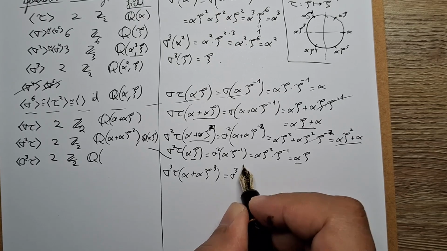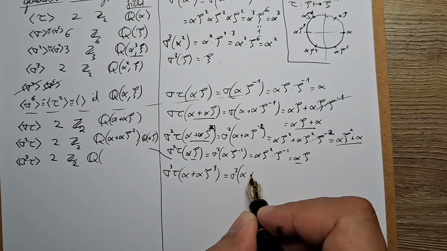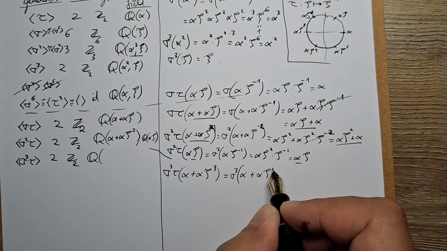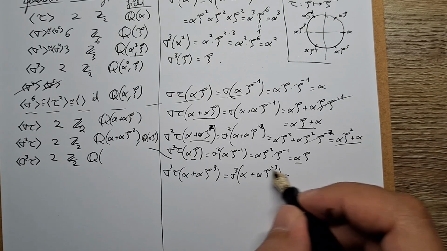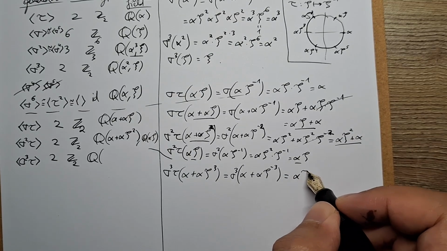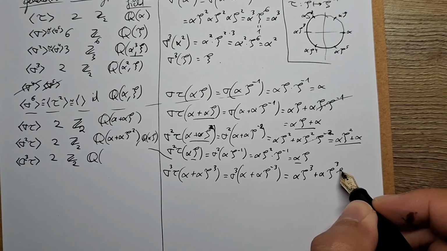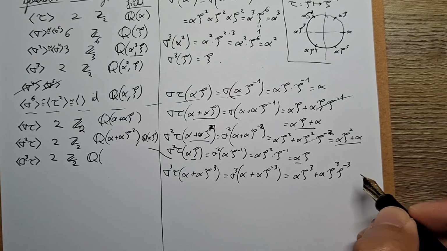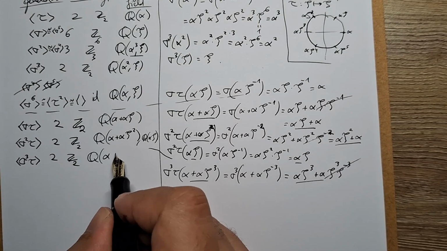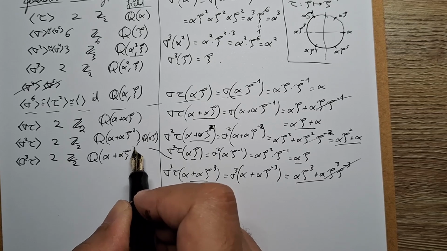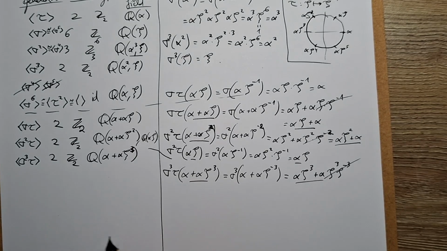We have sigma to the 3 of alpha plus alpha theta to the power of -3. And now applying it 3 times, we have alpha theta to the power of 3 plus alpha theta to the power of 3 multiplied by theta to the power of -3. This cancels out and we have the same here. Okay, so this is the fixed field. This is a cube.